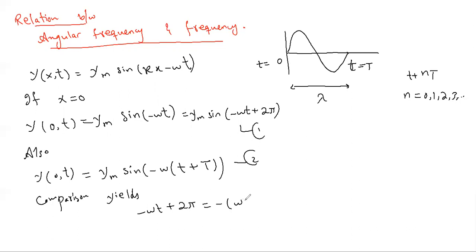I think I should write this as, so this negative sign will come out here, and similarly that negative sign will come out of here.